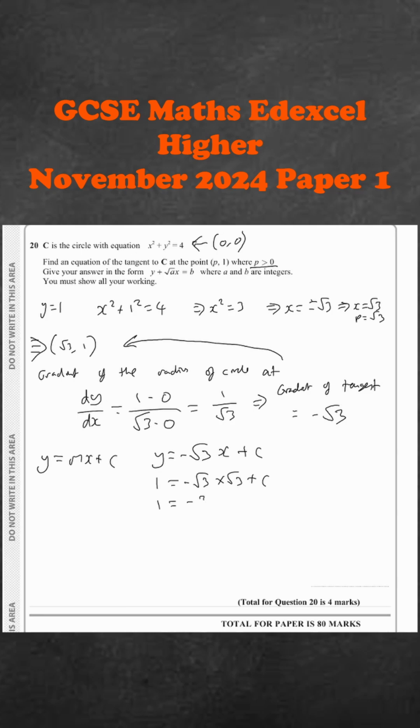So 1 equals minus 3 plus c, therefore c equals 4. So our equation of the tangent at that point is y equals minus root 3 x plus 4. The question wants it in the format y plus root a x equals b, so we'll change it to y plus root 3 x equals 4. And that is our final answer.